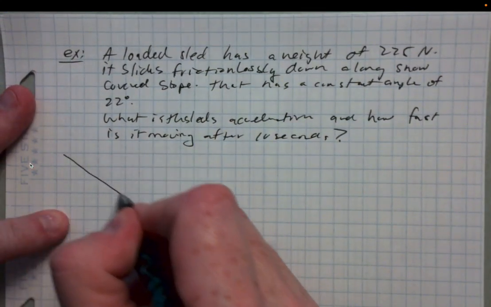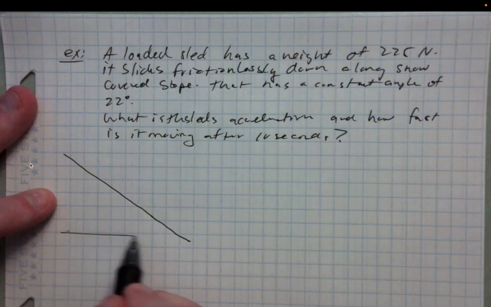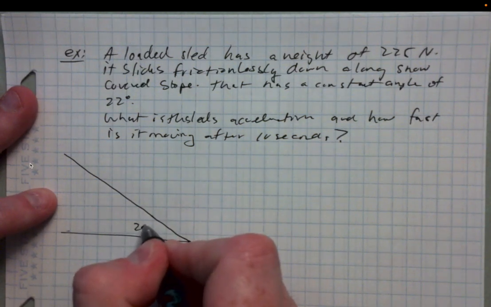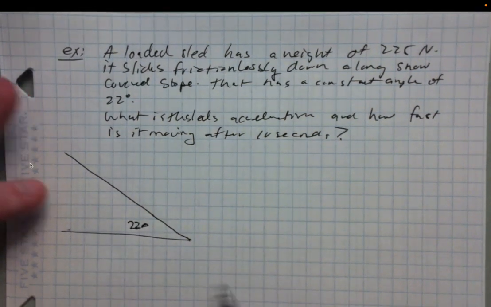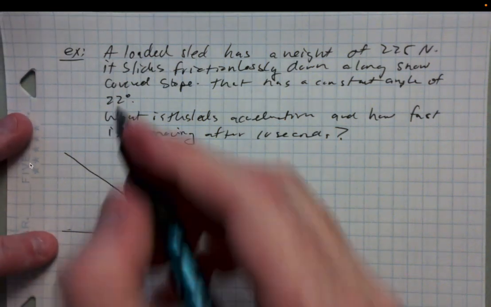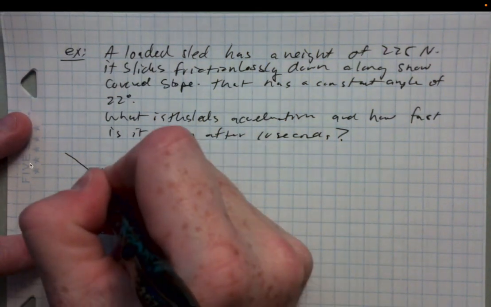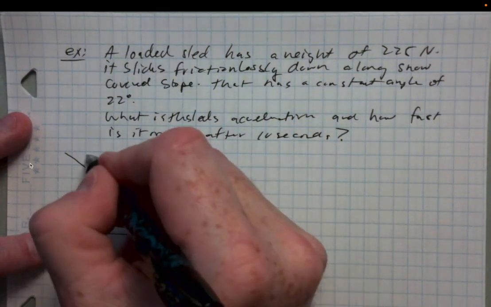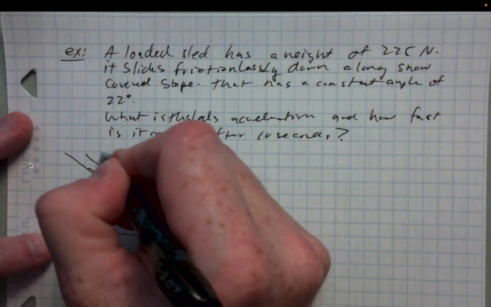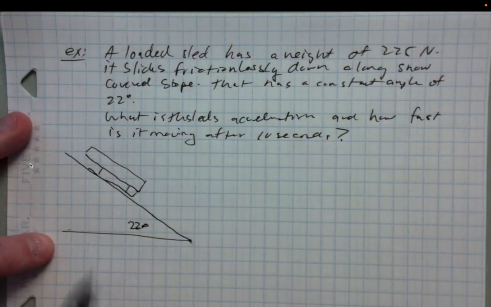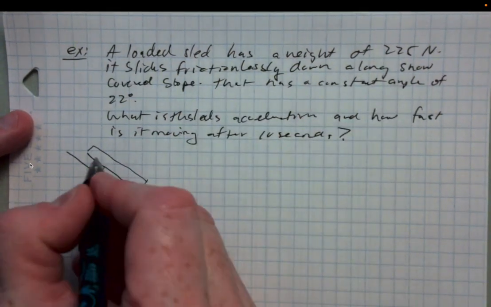We've got some kind of a slope here, and we're told that it's a long slope, not how long, but presumably long enough that we don't have to think about it ever ending. And we've got a sled on here that's weighed down, and 225 newtons is the weight of this thing.